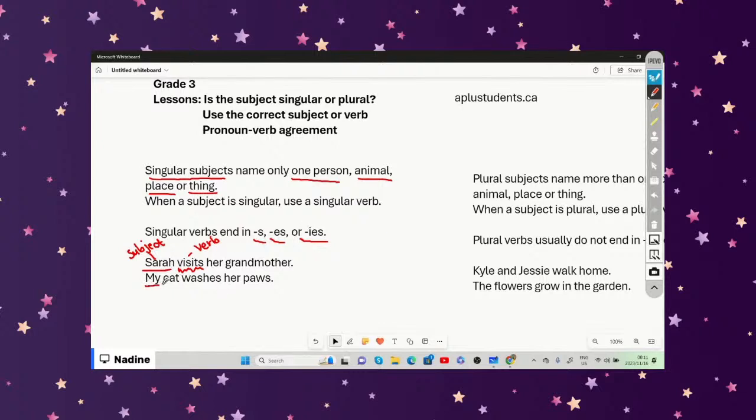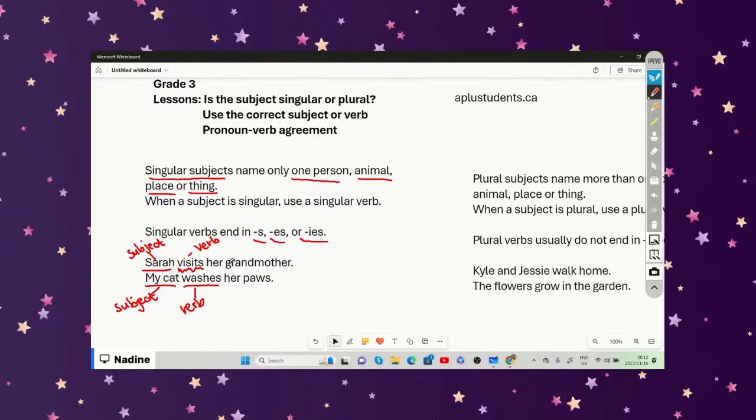Now, the second one is my cat. My cat is our subject. Washes her paws. So what does the cat do? The cat washes. So this is our singular verb. And we see that a singular subject has a singular verb that ends in s, es, or ies.